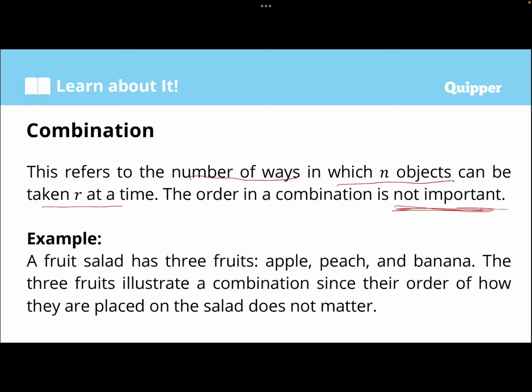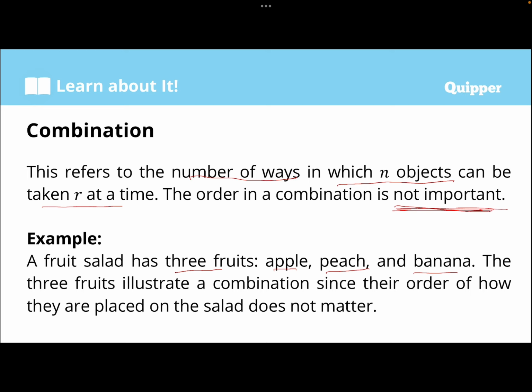Example, a fruit salad has 3 fruits: apple, peach, and banana. So the 3 fruits illustrate a combination since the order of how they are placed in the salad does not matter. For example, you are making a fruit salad. Let's say the first thing you put is peach, and then banana, and then apple.